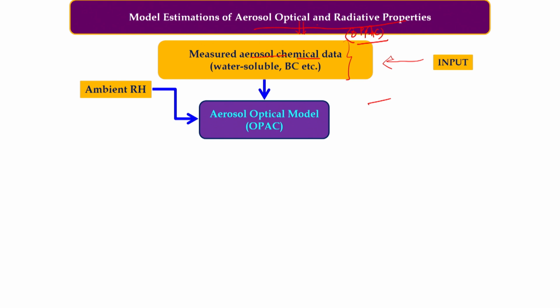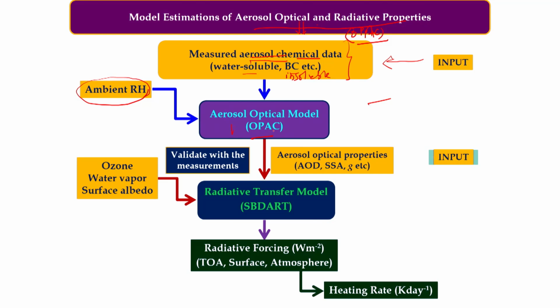So, these inputs, if you remember in the previous ones, like single scattering albedo, absorption and scattering coefficient, we can measure, and we can use them to calculate some of the input parameters. So, you take aerosol chemical composition data, water soluble, you have to put the water insoluble component as well, and how much black carbon is there, and you have to simulate the data at ambient relative humidity conditions, apply it in the aerosol optical properties model, and what will it give?